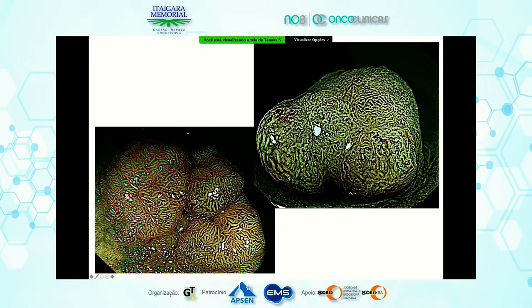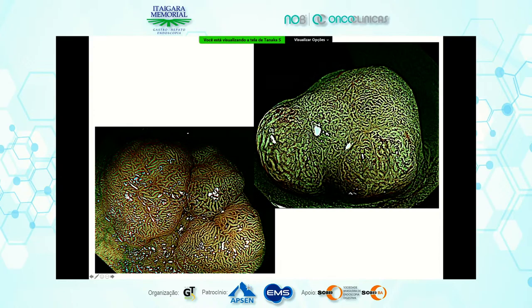Please compare. This is the image of this region. This is the image I showed you previously as a typical JNet type 2A classification. Please compare the pit-like structure margin.